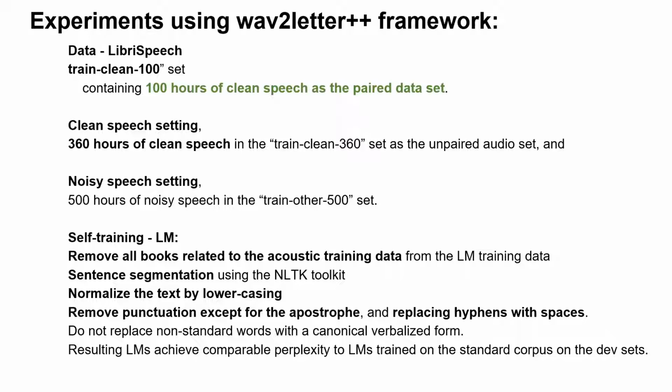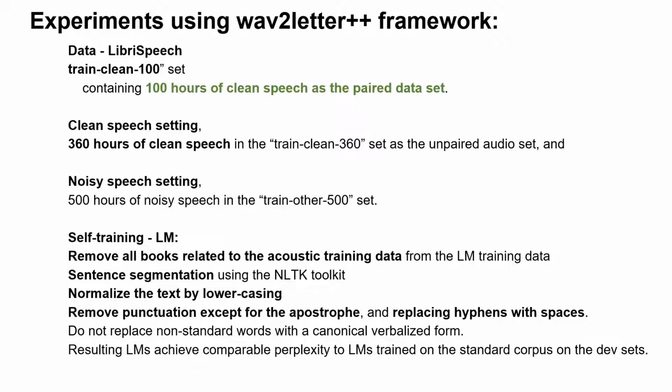And there are further details provided. When we are making a language model, we basically wanted to have text data but not data related to the audio. So all the books which had the related acoustic training data were removed, and sentence segmentation was done using the NLTK toolkit. The text was lower cased, and all the punctuation was removed except the apostrophe and the hyphen.